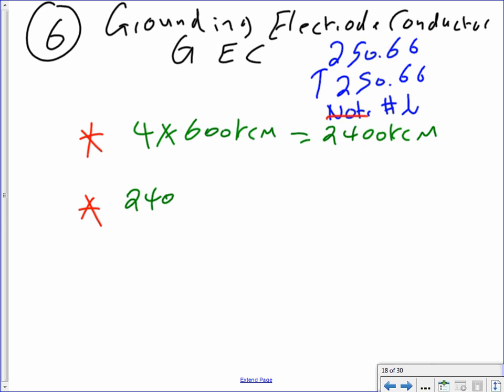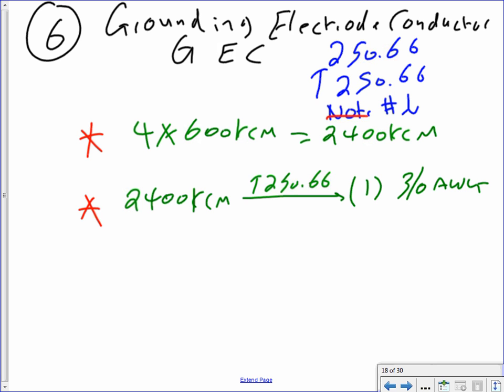You take the 2400 kcmil, take it to table 250.66. I'm sorry, Derek. If it's less than 1100 kcmil, then you go to table 250.66 actually. And if you go there, it will tell you one conductor and a 3/0 AWG.